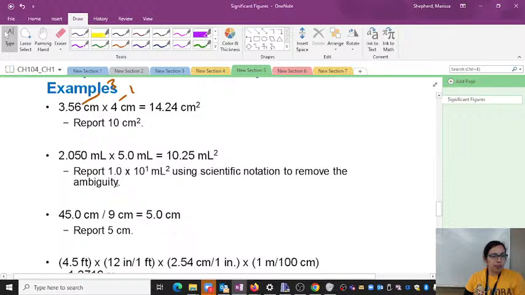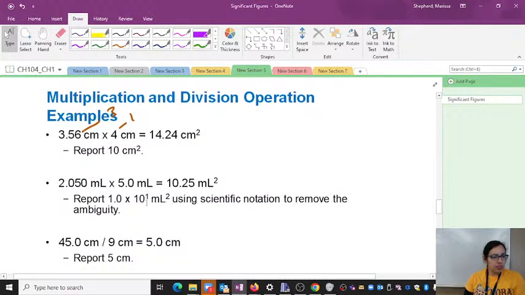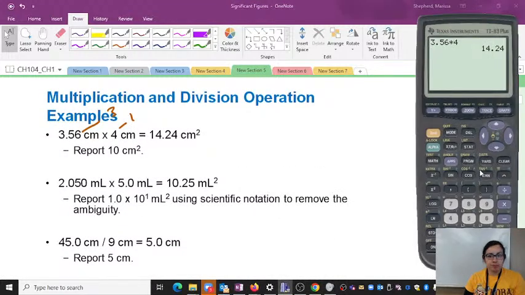Does that make sense? Now let's look at this next one: 2.050 times 5.0. Punch that in, we get 10.25.